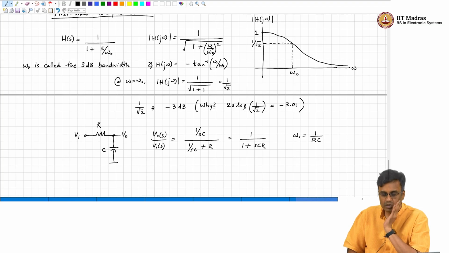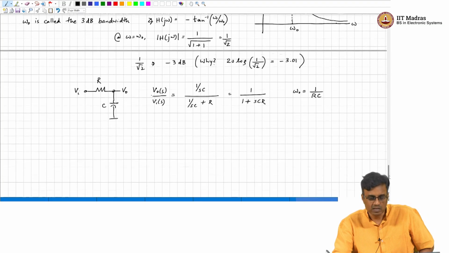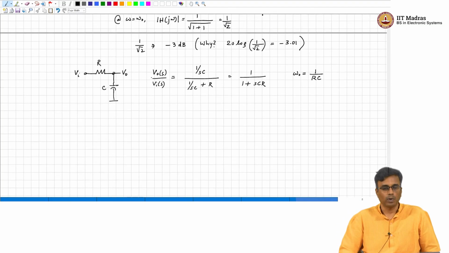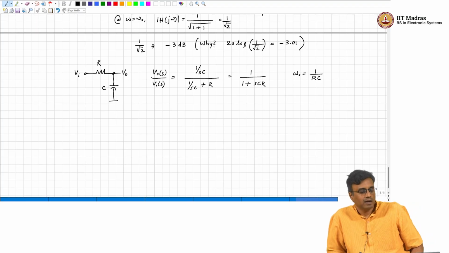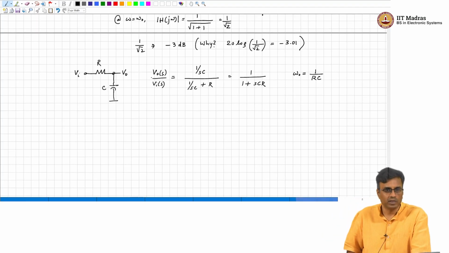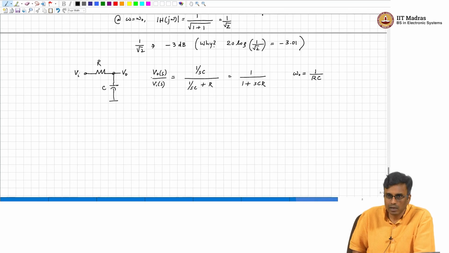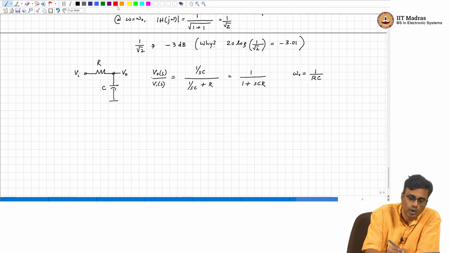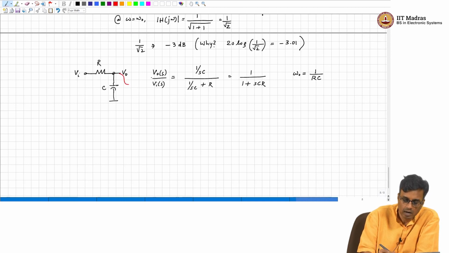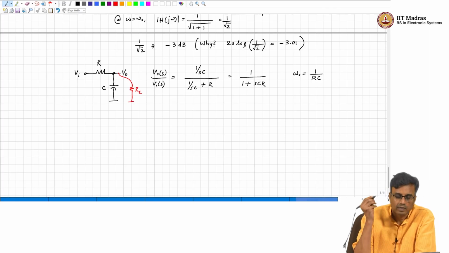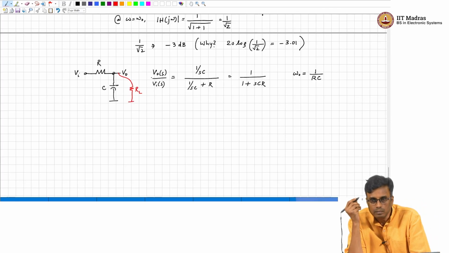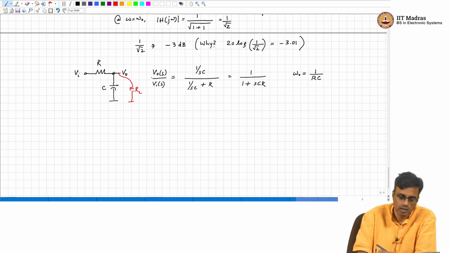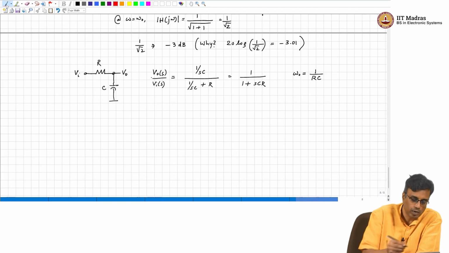Okay. So, this circuit has got two problems. One is that if you want to drive a load with this, for example, let us say this is your filter and you add a load. What happens? Well, why speculate when you can work it out?